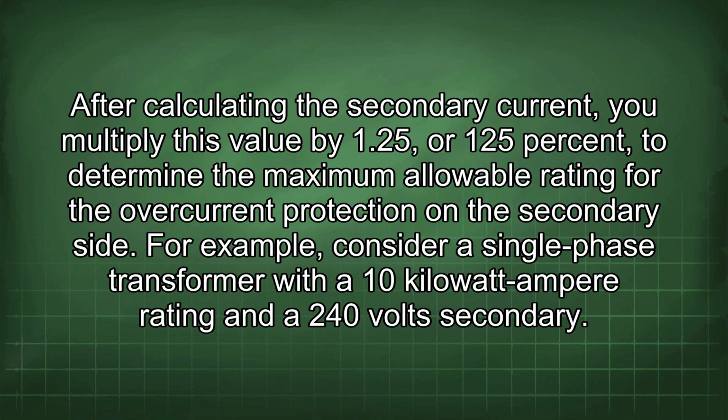After calculating the secondary current, you multiply this value by 1.25, or 125%, to determine the maximum allowable rating for the overcurrent protection on the secondary side. For example, consider a single-phase transformer with a 10 kilovolt-ampere rating and a 240-volt secondary.